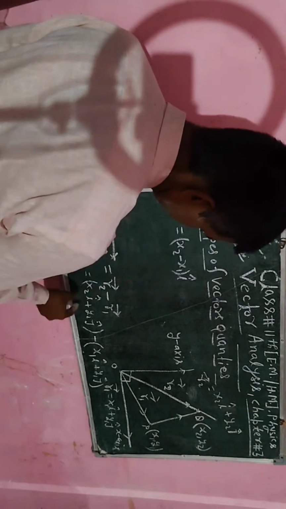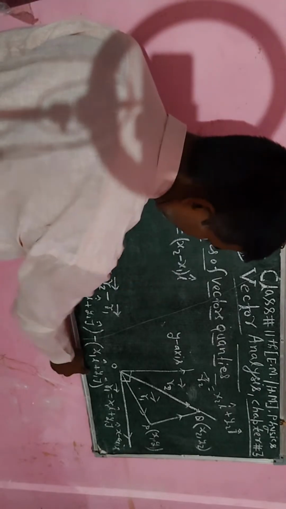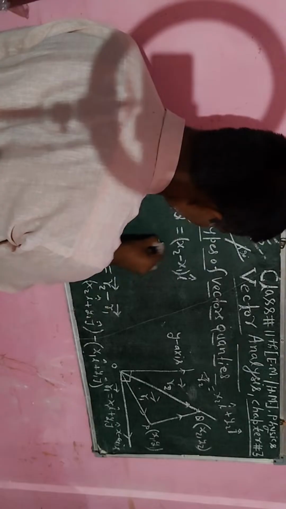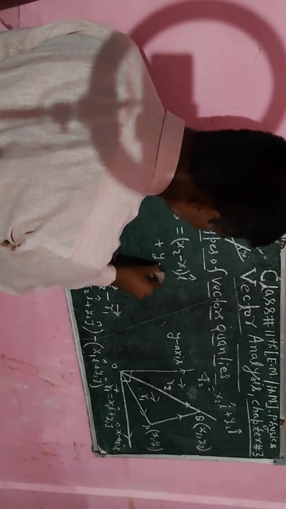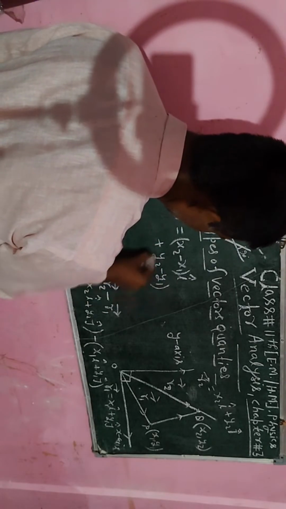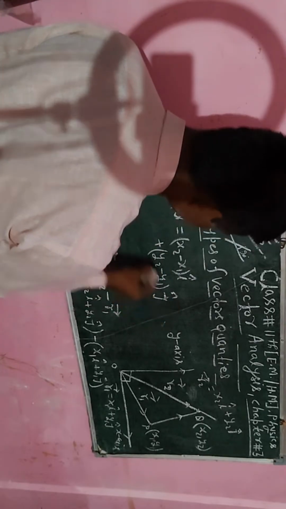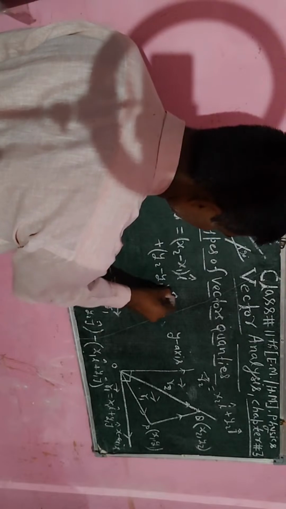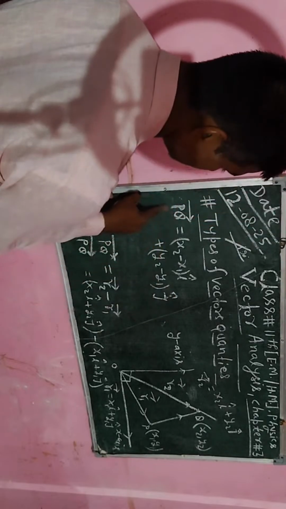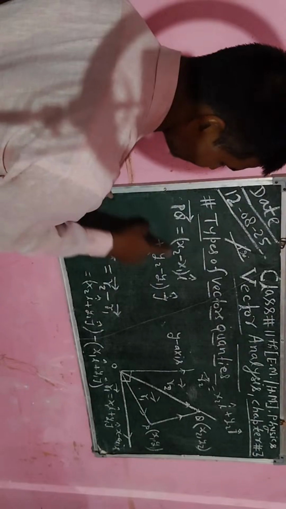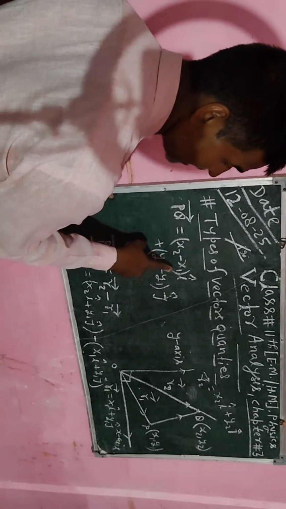Similarly here y2 minus y1. So here I will put plus sign, y2 minus y1, and then here I will write vector j cap. So this is the vector PQ. So vector PQ I have written in the form of x1 y1 and also x2 y2.